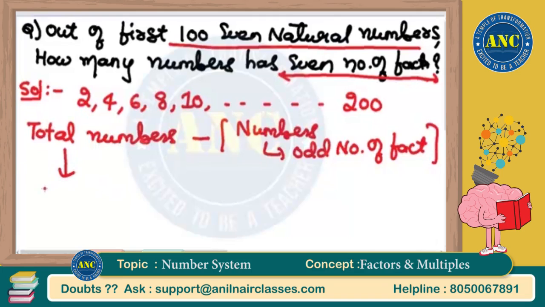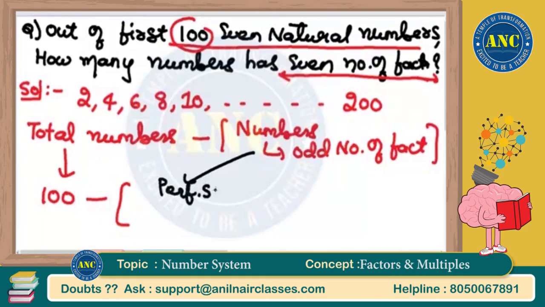Total numbers are nothing but 100 even natural numbers. Numbers which has got odd number of factors are nothing but numbers which are perfect squares.